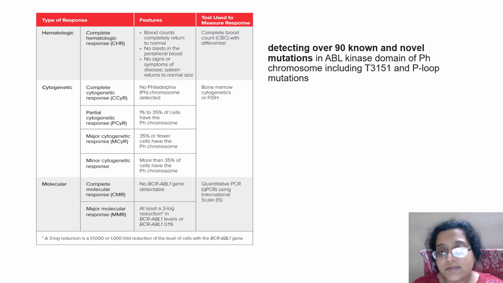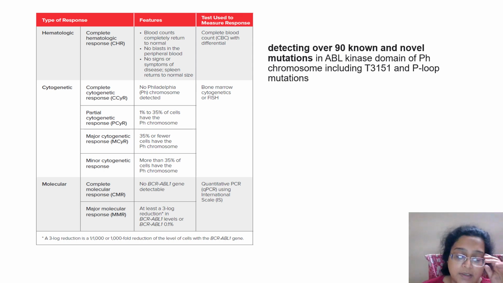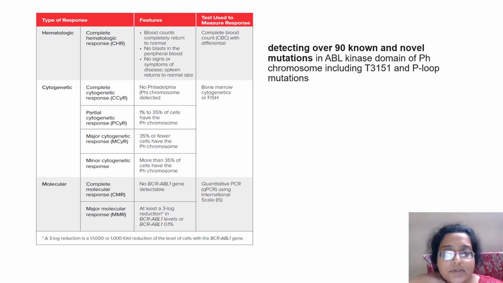So what are the responses when you go ahead with CML diagnosis and treatment? You need to look at hematological, cytogenetic, and molecular response. It can be complete or incomplete or partial. So hematological response is to see whether the blood counts have returned to normal, whether there are any blasts or not, any other signs or symptoms. Okay.